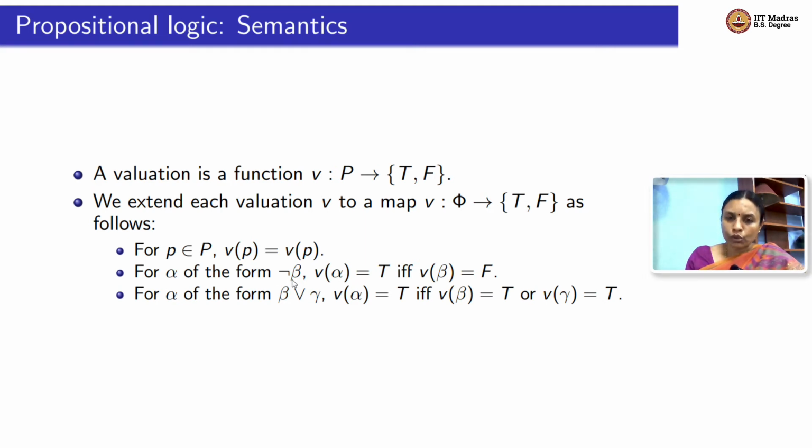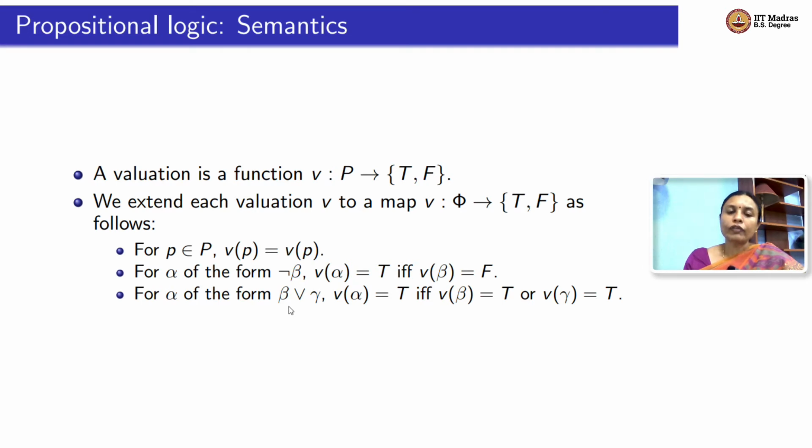Not beta will be true as per a valuation if and only if the valuation assigns beta to be false. So if alpha is a formula that becomes not beta, then the valuation of alpha will return T for true if and only if, this IFF stands for if and only if, the valuation makes beta false.